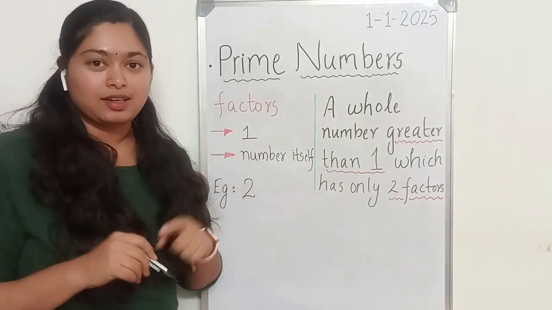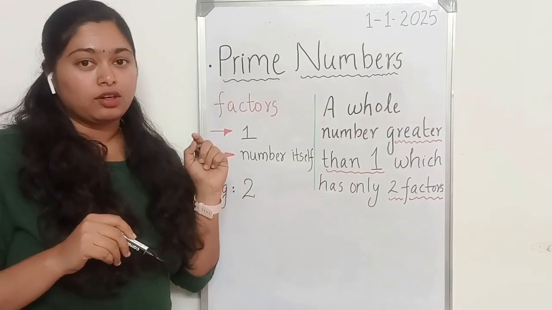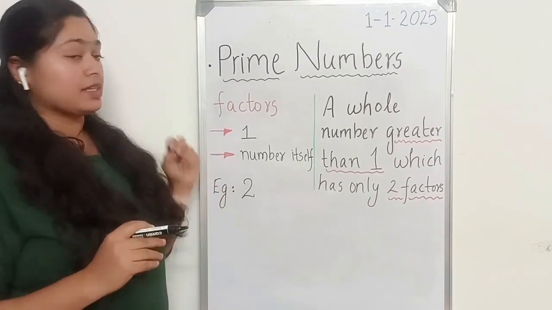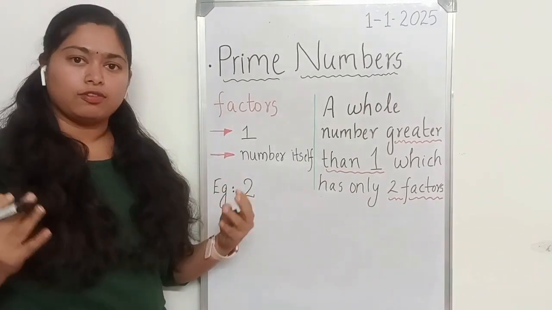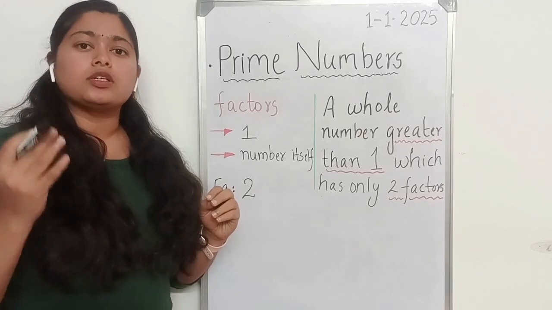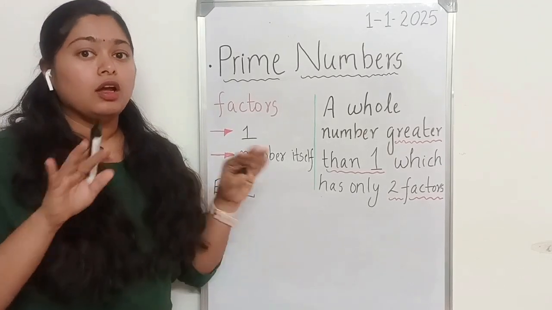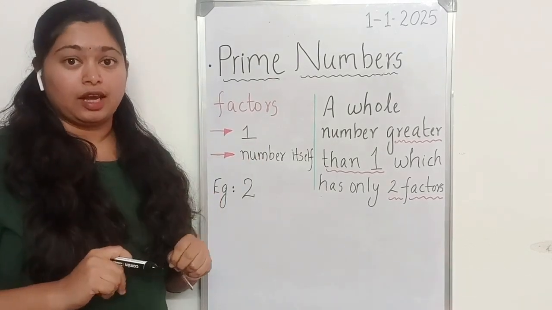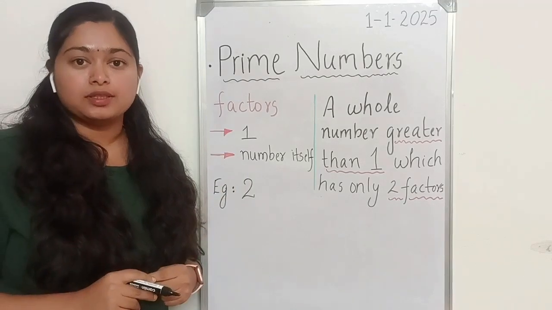Yes, is something clicking? We discussed what are factors in our very last videos. Let's once again recap that. What are factors? Factors are any number which can divide any other number without leaving a remainder. And I hope you remember the examples that we discussed.